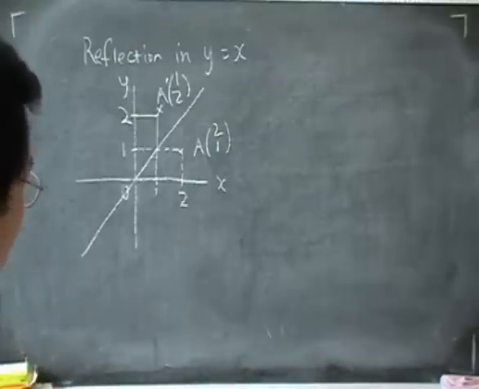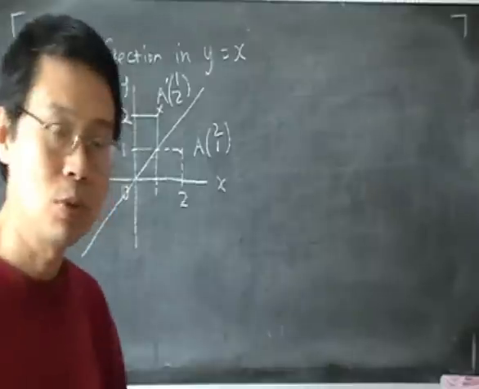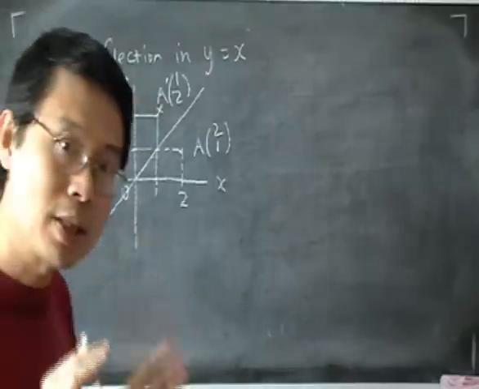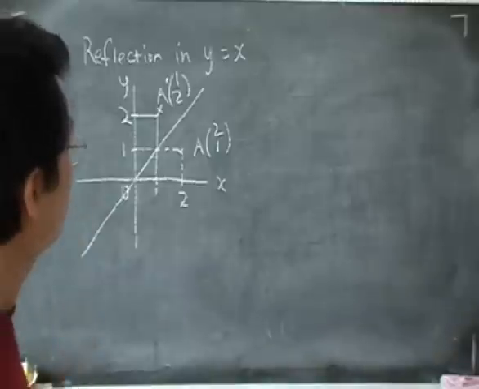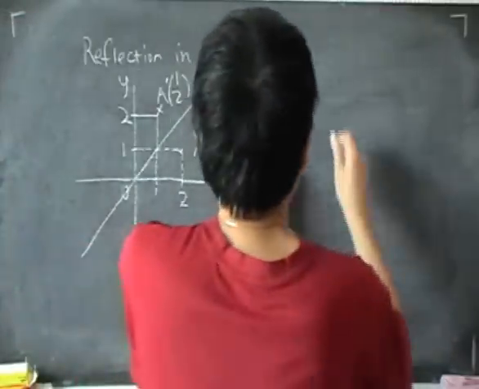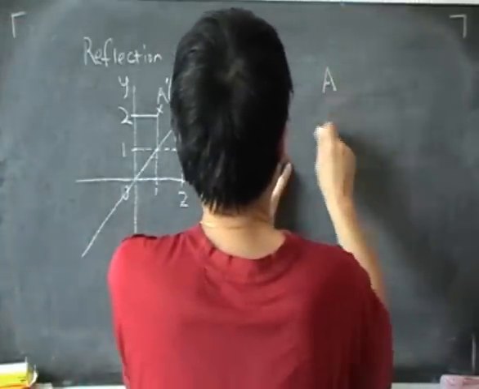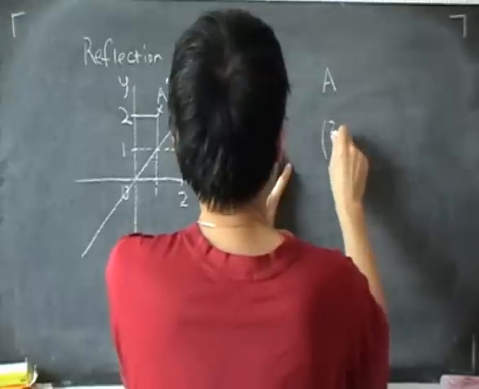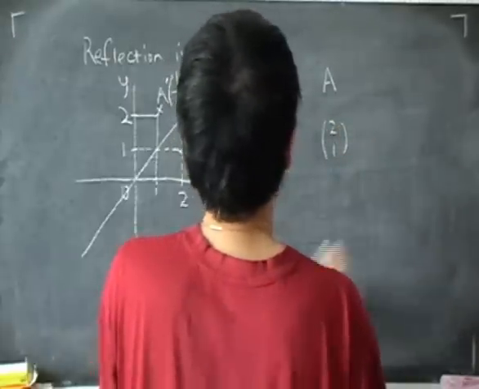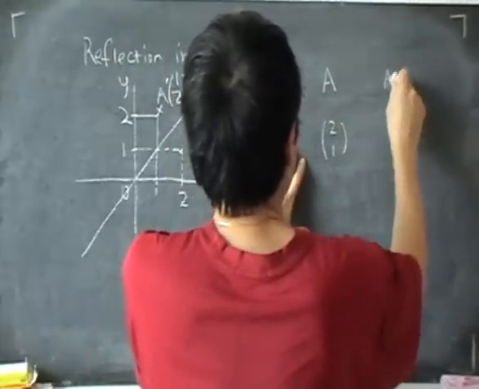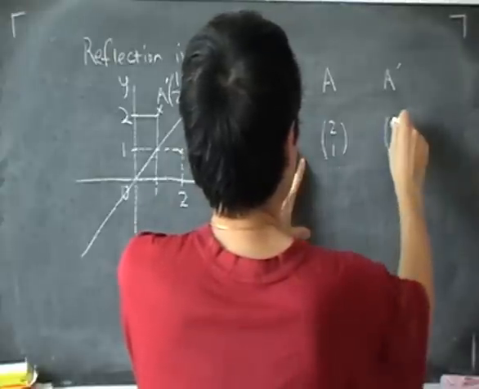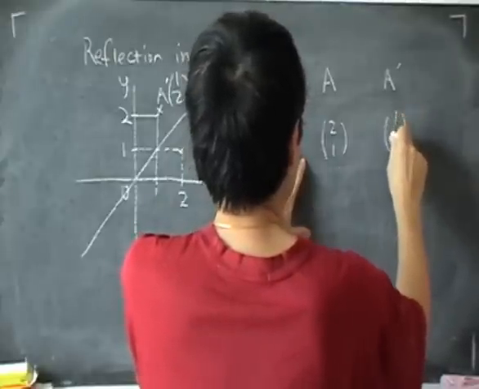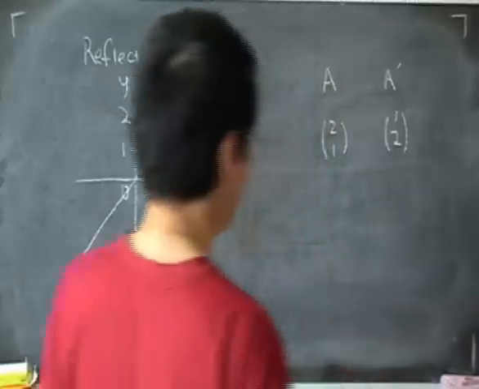Okay, and as before, we want to look at how we can use a matrix to find the answer. So starting with A, with the coordinates 2, 1, and the image 1, 2, A primed.